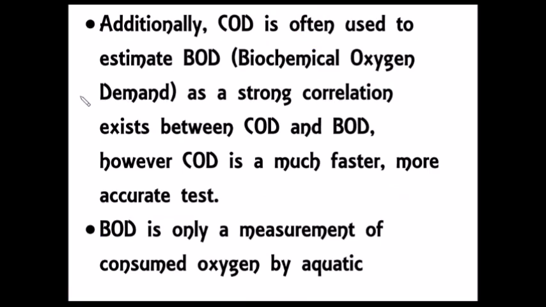Now let's differentiate biological oxygen demand from chemical oxygen demand. COD, that is chemical oxygen demand, is a much faster and more accurate test when compared to BOD. That is the first important point.